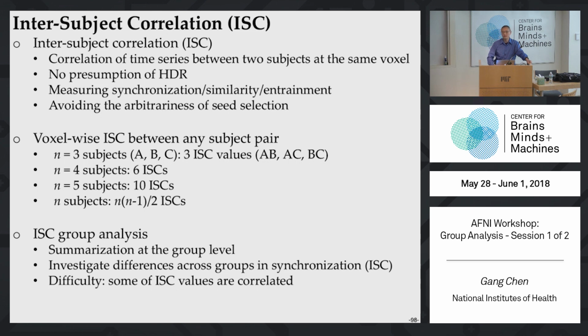What are you going to do? A t-test? But the problem is that those n times n minus 1 divided by 2 pairs are not independent of each other. Some of them are, some of them are not. So what are you going to do?